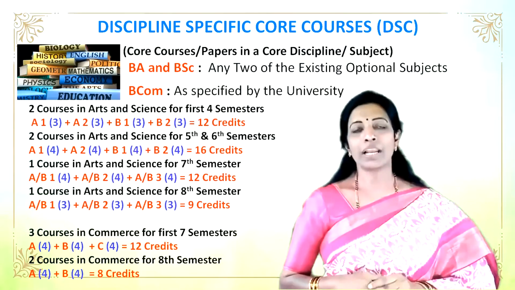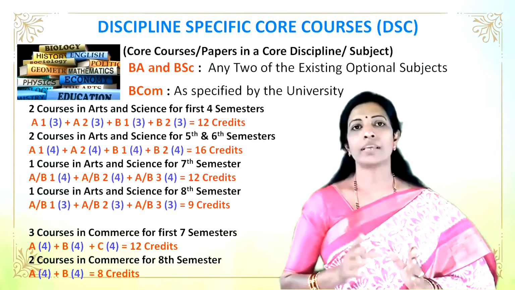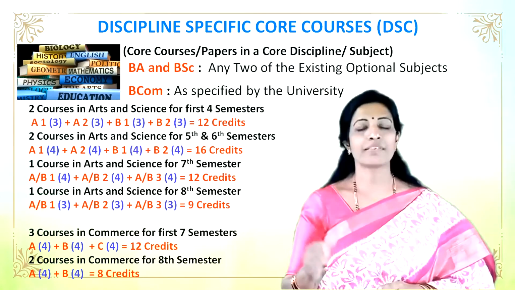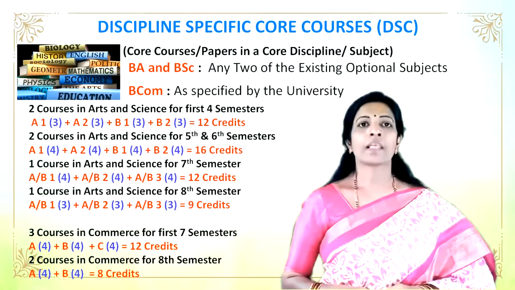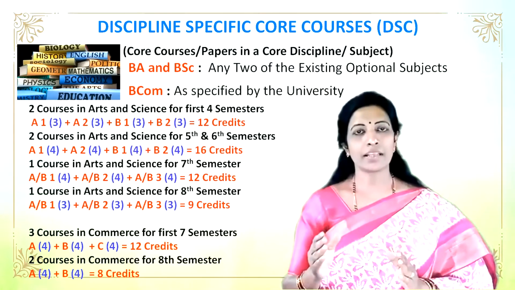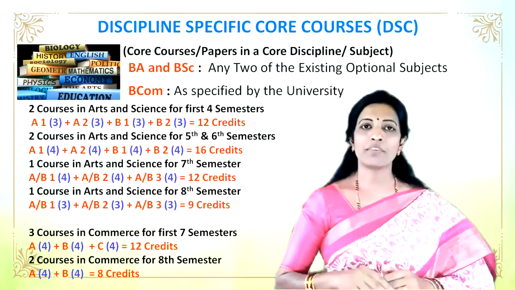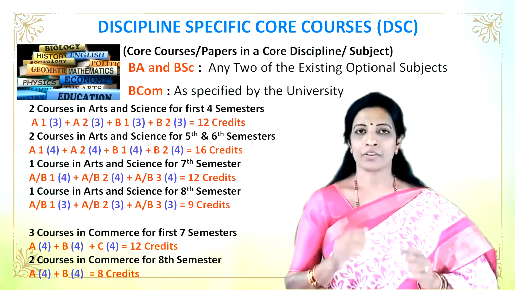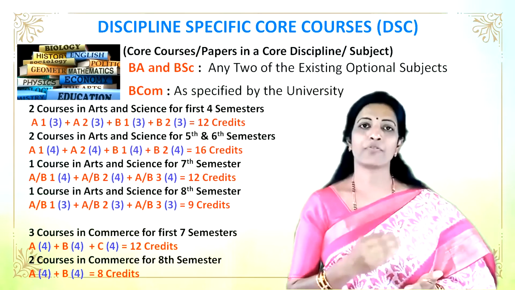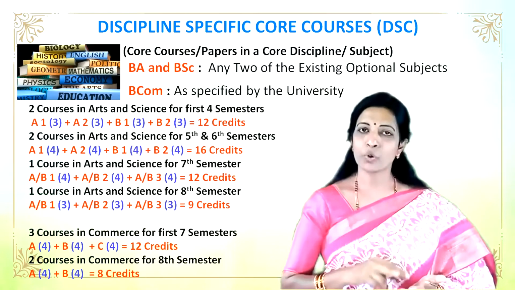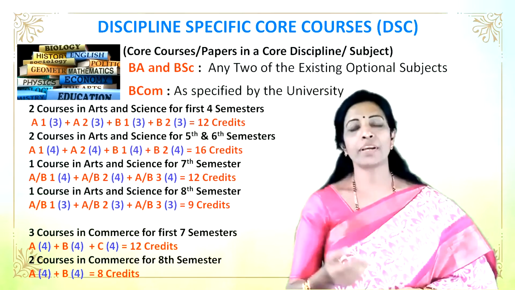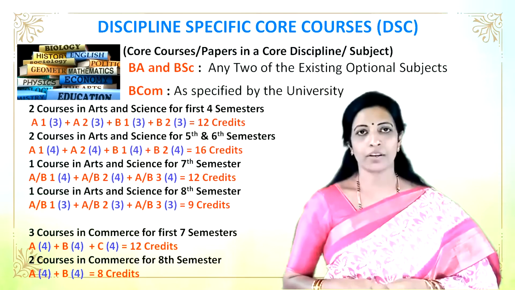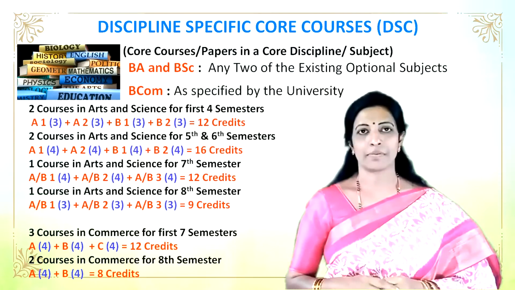This student will have to study both these courses till his third year, that is in the first 6 semesters. Now, from the first semester till the fourth semester, the student will be studying 2 papers in each of his courses. So, if the student has opted for sociology, he will be studying 2 papers of sociology, and if he has opted for economics, he will also be studying 2 papers of economics in each semester.